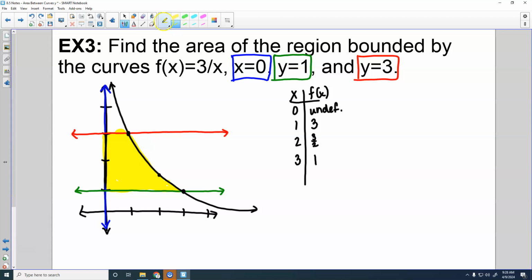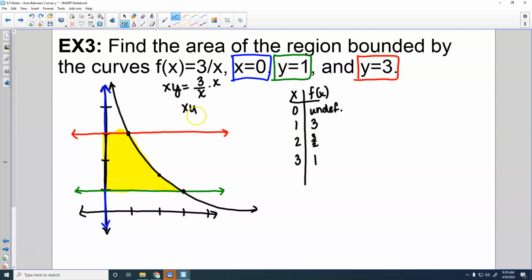So to do that, I first need to solve this equation. This right now is y equals 3 over x. I need to solve it for x so that it's in terms of y. Because if I want to do right minus left, I have to be using y's, not x's. So if I want to solve this for the x, I can't solve for x when it's in the bottom. I will multiply by x here and x here.